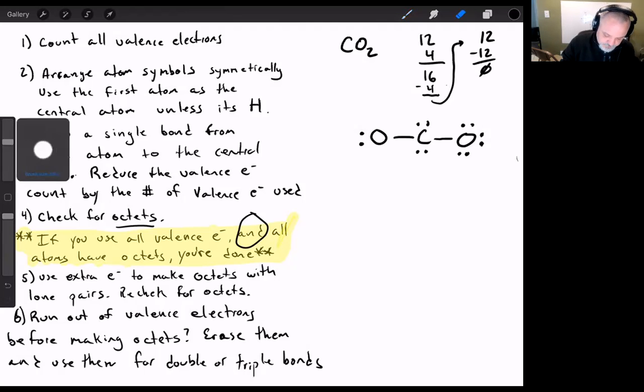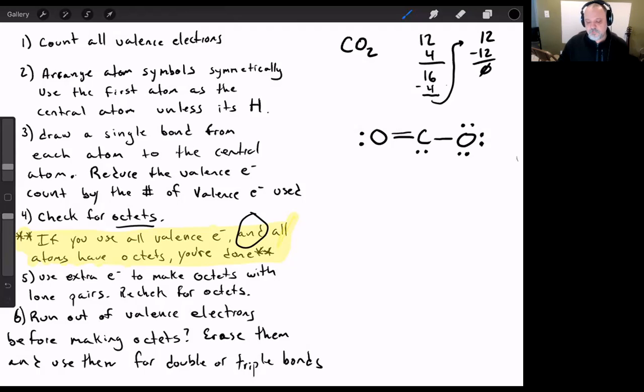Let's do this. What happened? Let's examine only the oxygen. Yes, I've got some electrons around the carbon and the other oxygen.